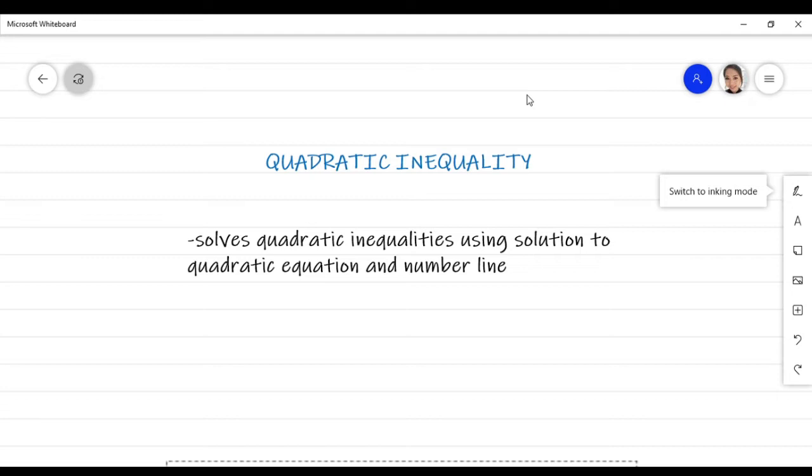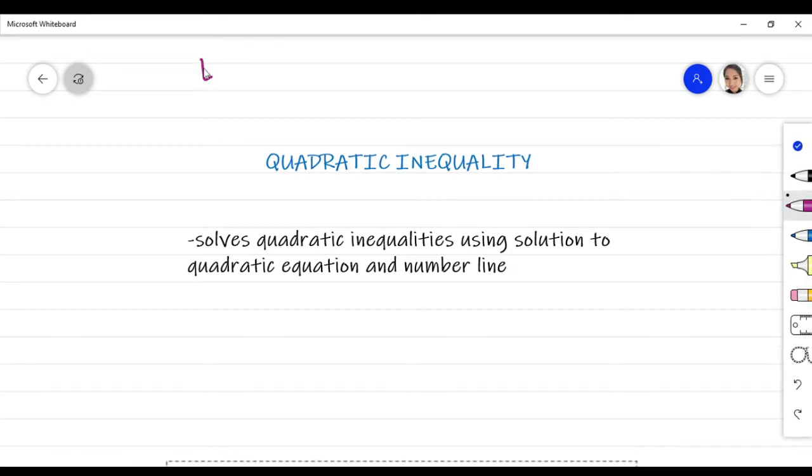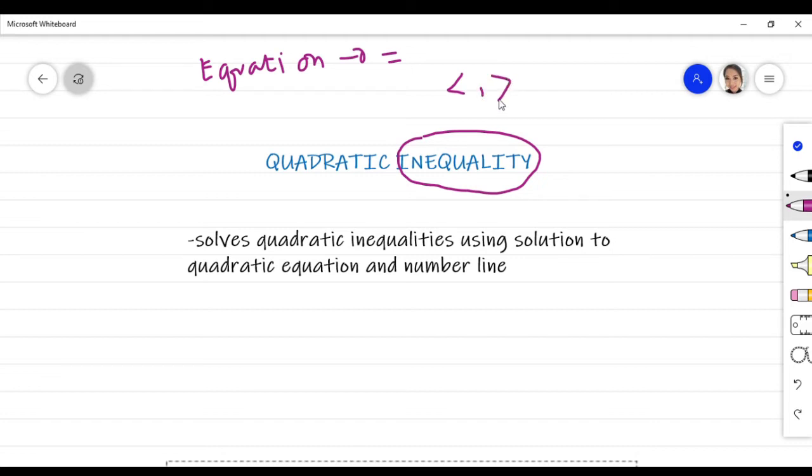So as a review, the word equation makes use of the symbol equals. Inequality makes use of the symbols less than, greater than, less than or equal, greater than or equal.